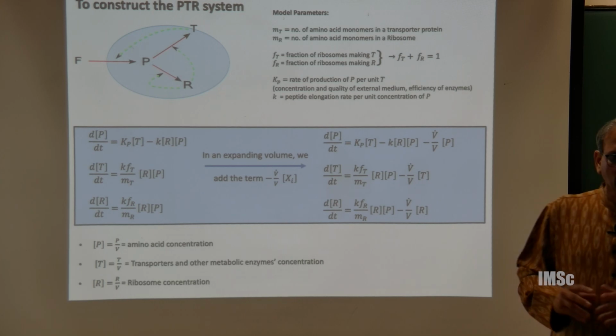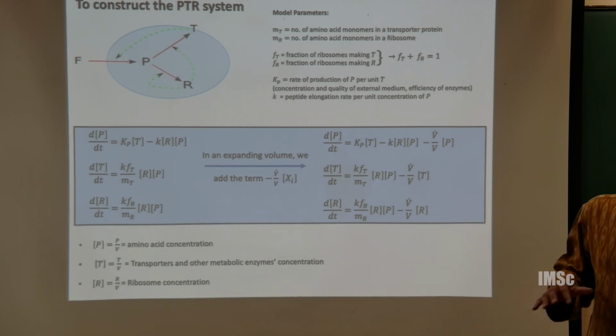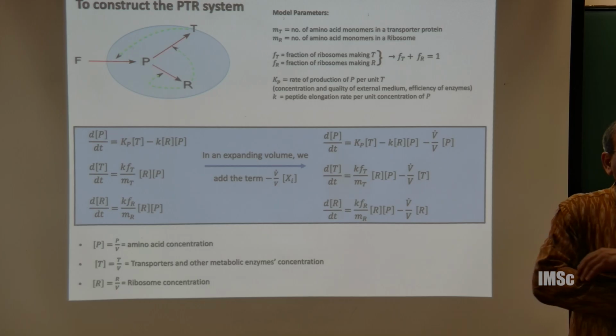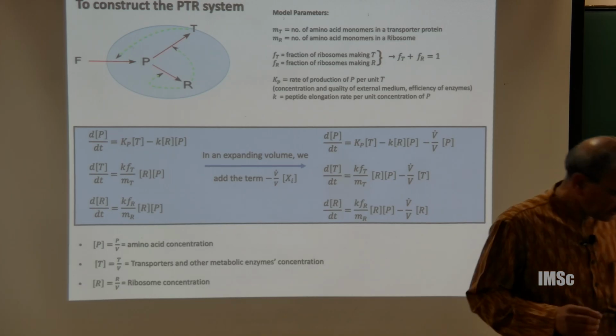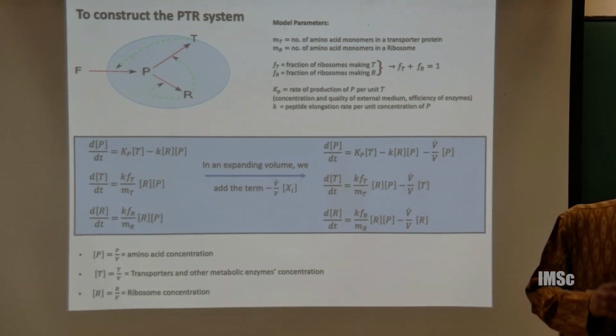So I'm going to talk about this model concretely, but what I'm going to say about this model holds for a very general class of dynamical systems, of models of bacteria. And I will indicate what is general and what is specific.